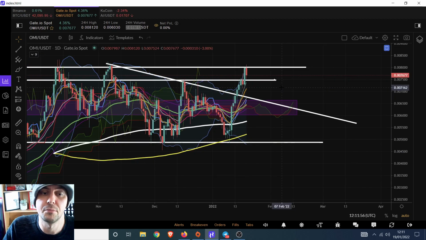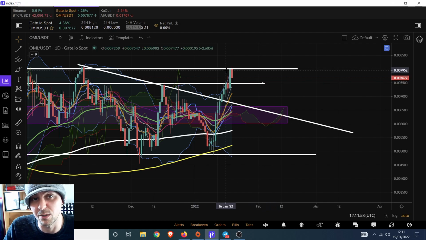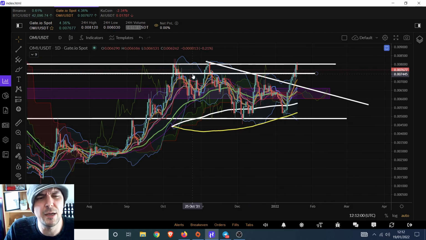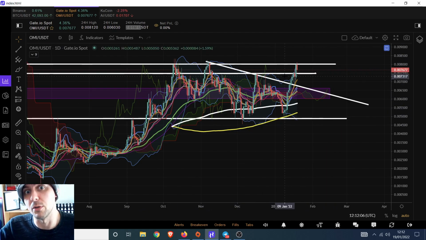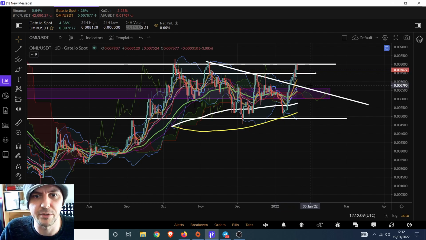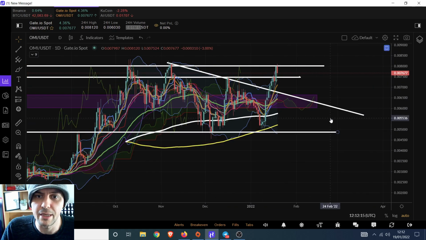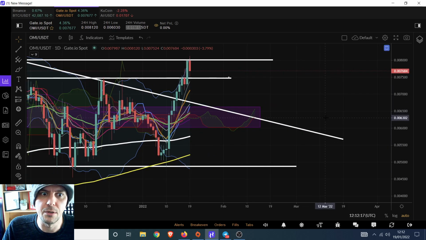I probably would be a bit hesitant to do it myself. And again, if this was something like Bitcoin or Ethereum or a top cap coin that was traded across the board, I'd take it a lot more seriously, and I would just enter anyway. But because it's OMI and it's only on small exchanges currently, there is an element of doubt in there.